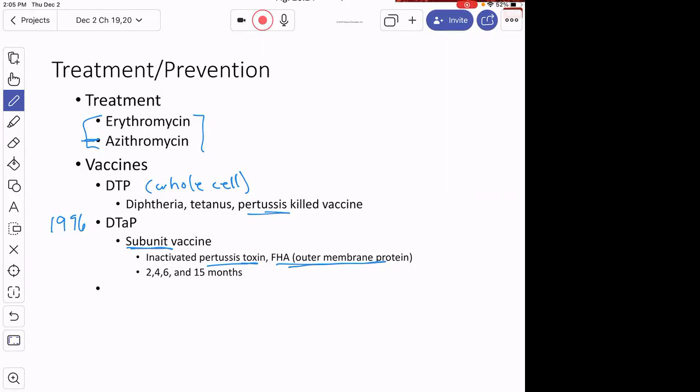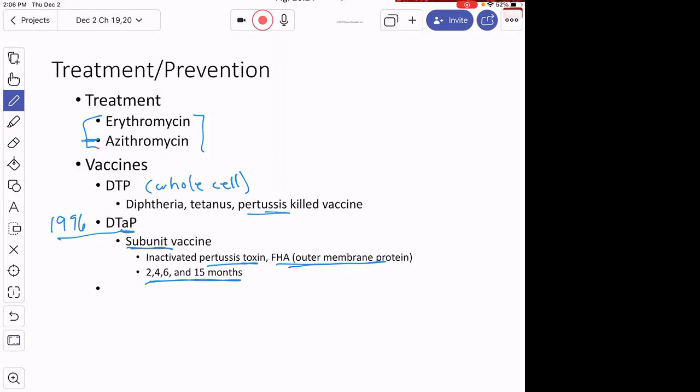Most of you probably had this one as children. You see the acellular pertussis there, with less inflammation at the sites of injection. It has to be given a number of boosters, 4 doses, to try to provide some protection when babies are little.